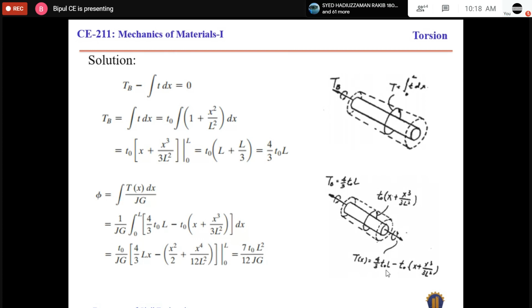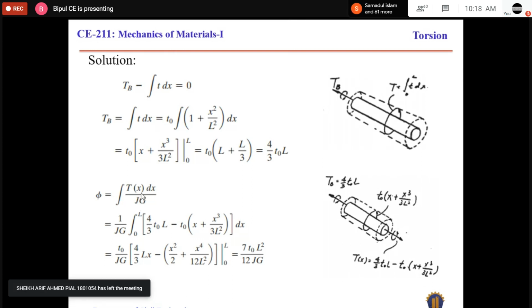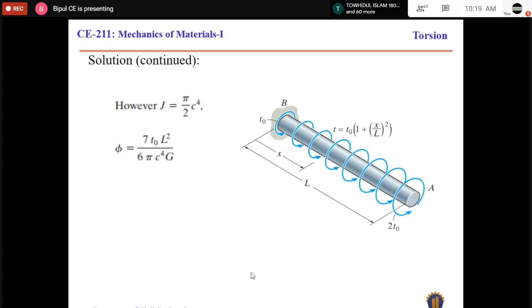We can substitute this equation in this expression. After simplifying, the angle of twist will be this one. This is nothing but some mathematical calculation. After calculation, the angle of twist will be 7 T naught L over 12 JG.